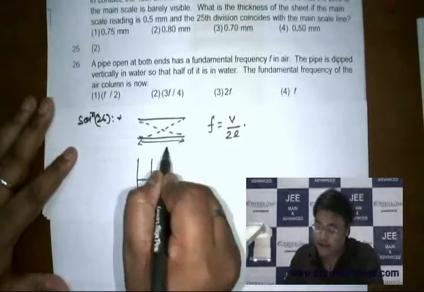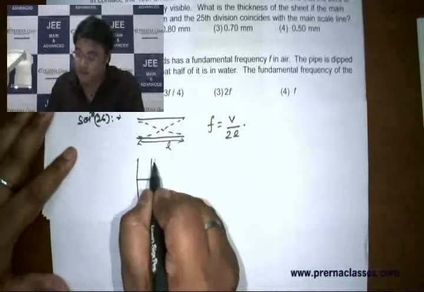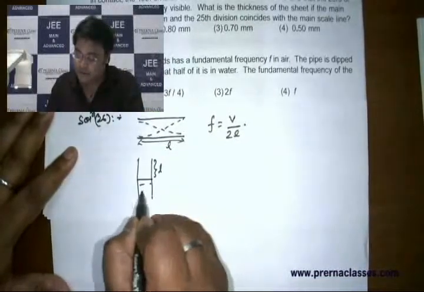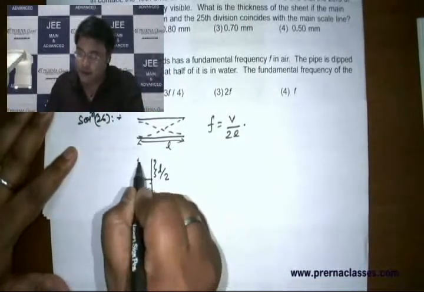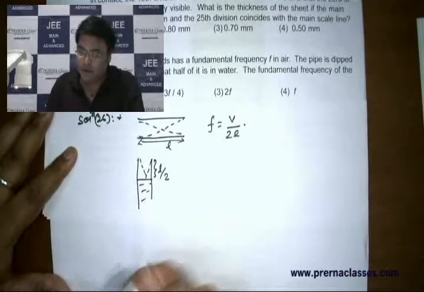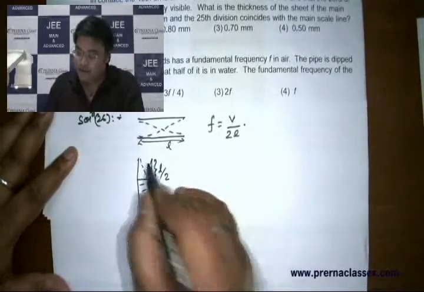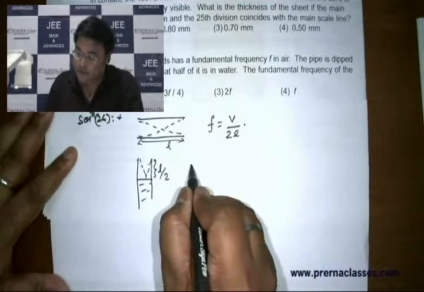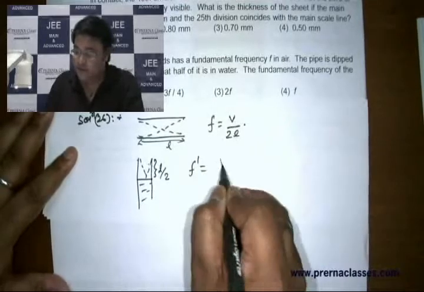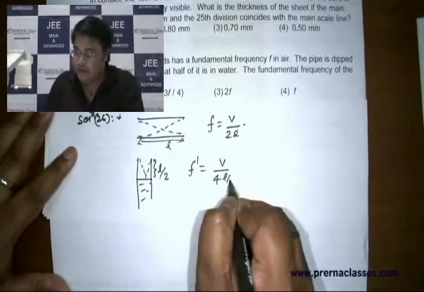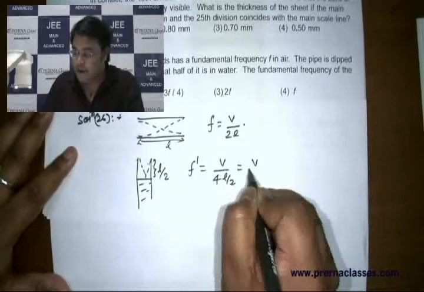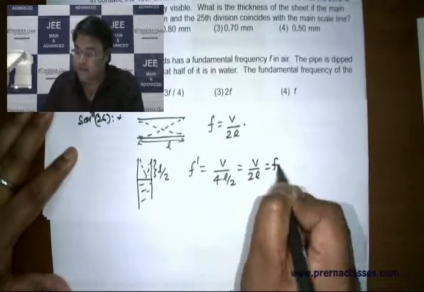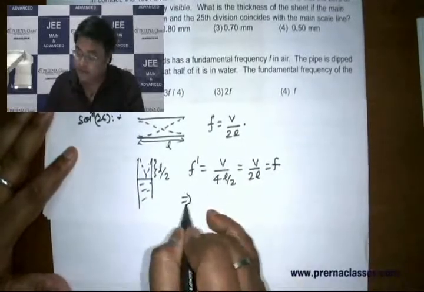If its length is L, according to the question, its length is L by 2. Now the fundamental frequency of that, since it behaves like a closed organ pipe, is v by 4 into L by 2. So finally it is v by 2L, that is f. So the correct option is 4.